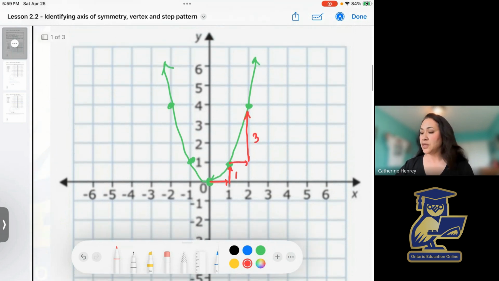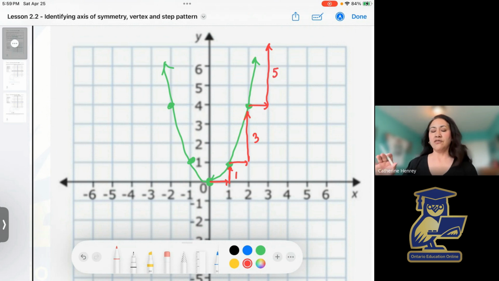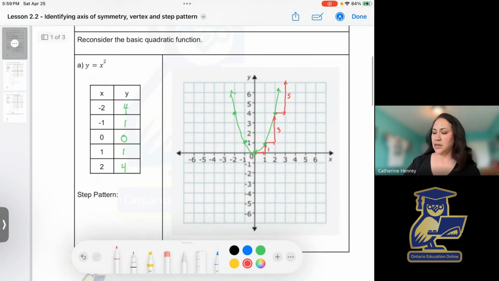Now we don't really have any more room here. But for the parent function, if I take one more step over, my y value changes by 5. So the very basic step pattern for the parent function is 1, 3, 5.